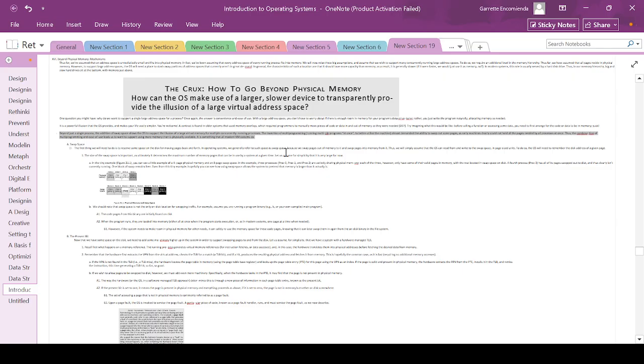So the swap space also allowed this illusion of a large virtual memory for multiple concurrently running processes.